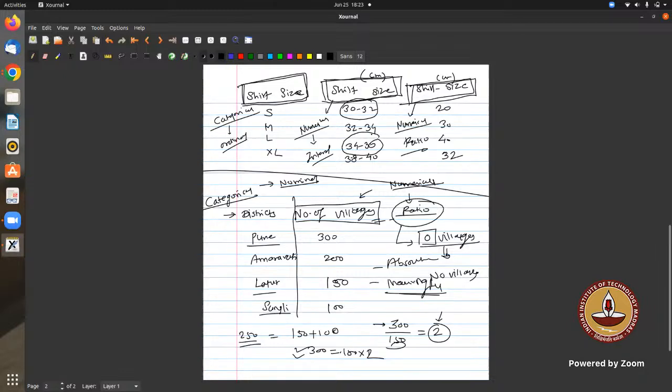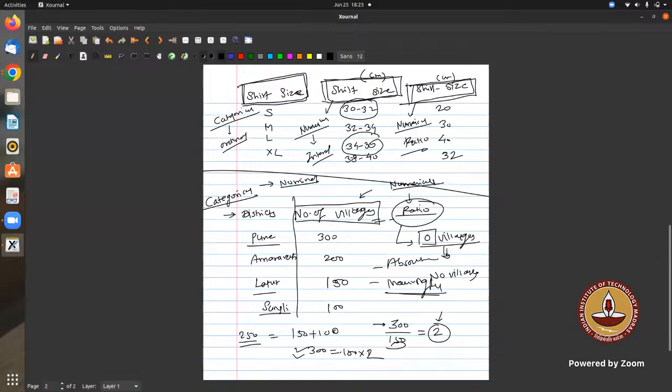What you did here was subtract 32 from 34, the upper limit of one interval and the lower limit of another interval. This is meaningful, not meaningless, correct?